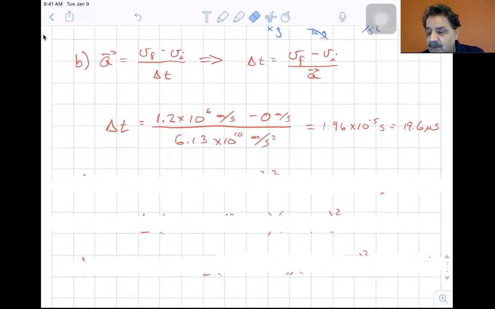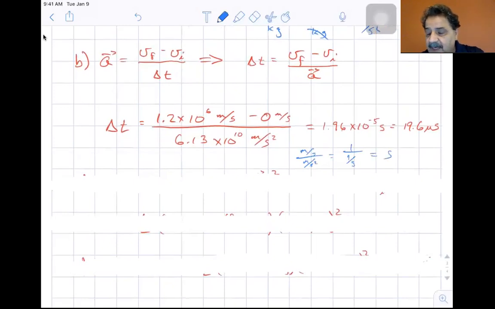And it's going to give us 1.96 times 10 to the minus 5 seconds, which is 19.6 times 10 to the minus 6 seconds, which is 19.6 microseconds. And you can see that if we have meters per second over meters per second squared, we're going to end up with 1 over seconds, and that ends up being seconds.